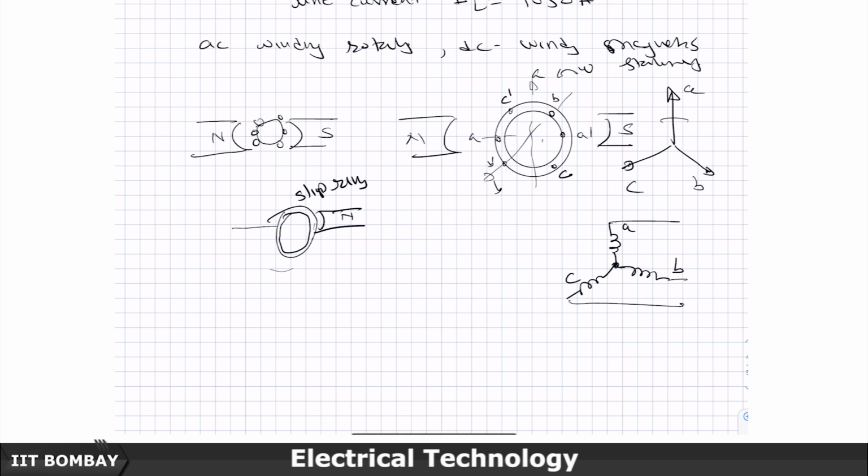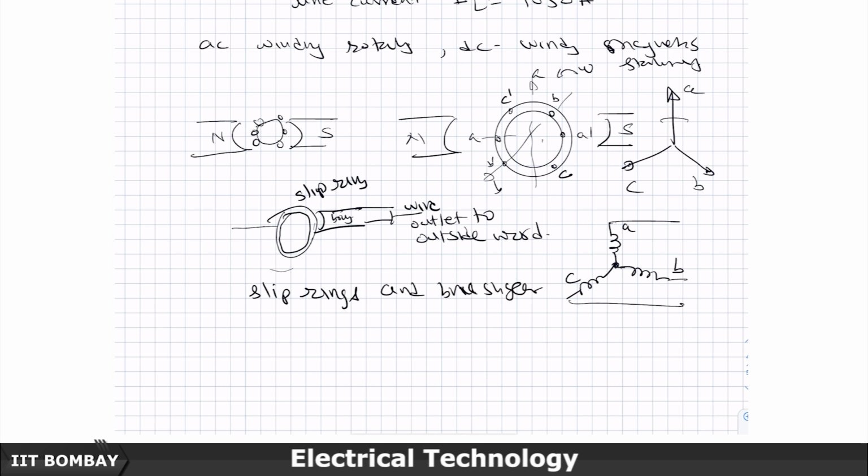So this is not a north pole, this is a brush which connects to a wire which is the outlet to the outside world. All this brush comes with a proper gearbox arrangement and so on. So how many slip rings and brush gear are required?